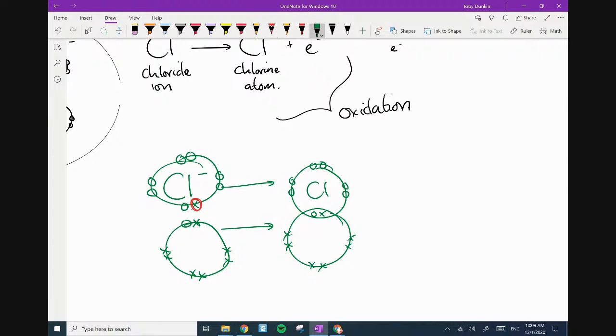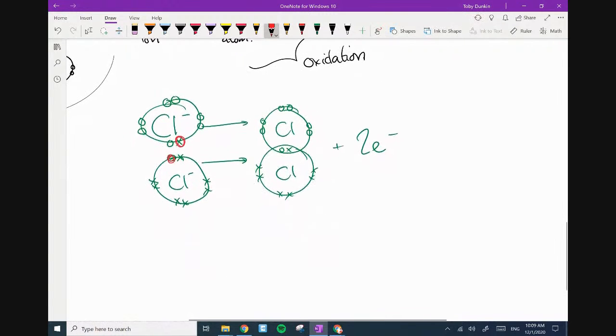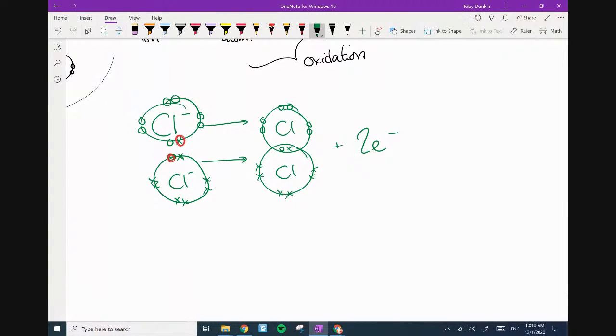I'm just going to put the Cl in there, and we're going to lose 2 electrons. And this guy's going to lose this electron. So the equation becomes 2 Cl minus going to a Cl2 molecule and 2 electrons.